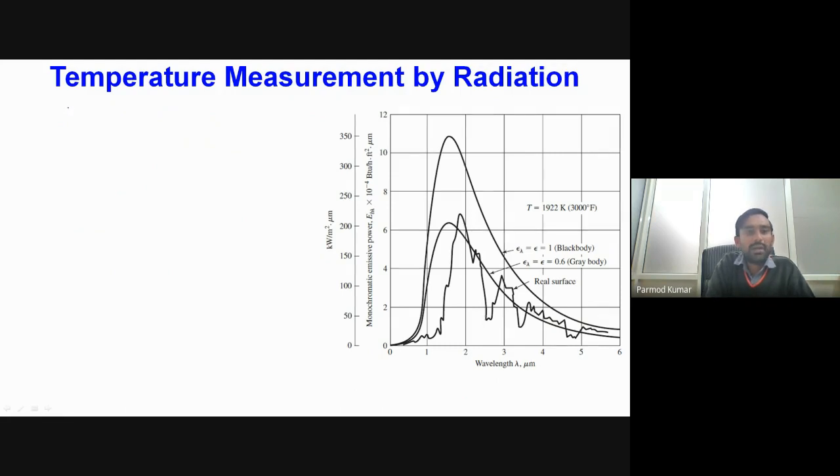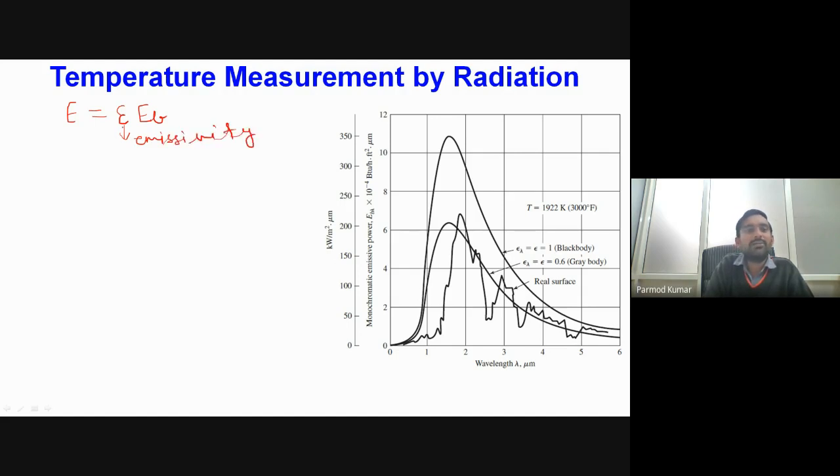So we have a practical parameter which represents the emissive power of a particular surface. We say that the emissive power of a regular surface is equal to epsilon times the emissive power of a black surface, where epsilon is known as the coefficient of emittance, and we call this the emissivity of the surface.